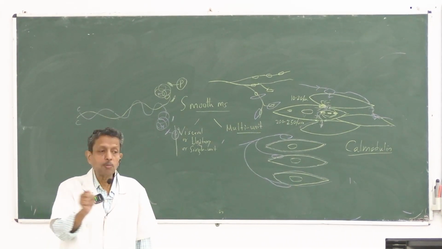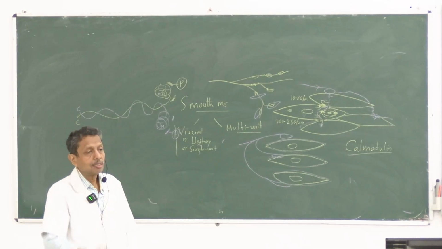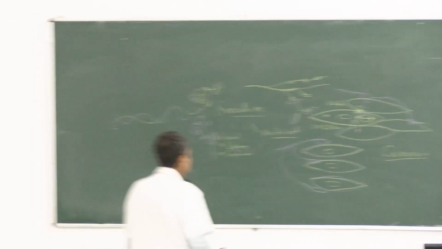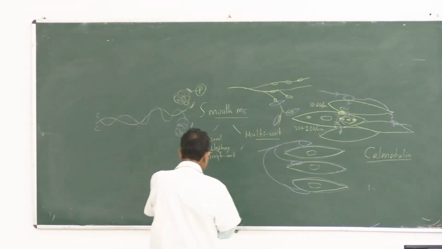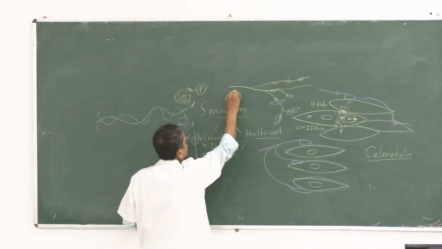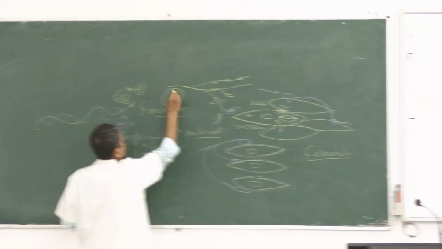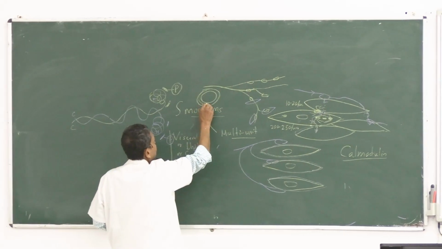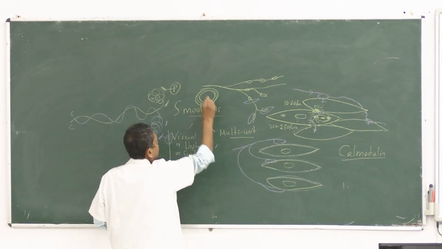Otherwise, how is it possible to constrict it completely? Suppose this is the lumen and this is the contractile muscle.